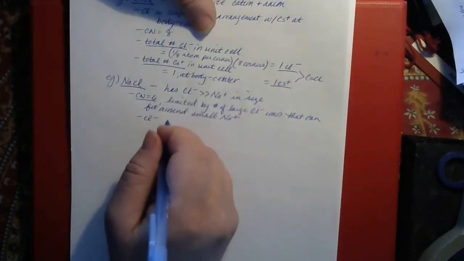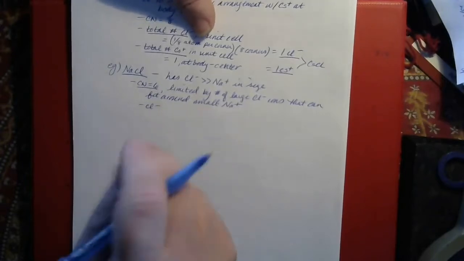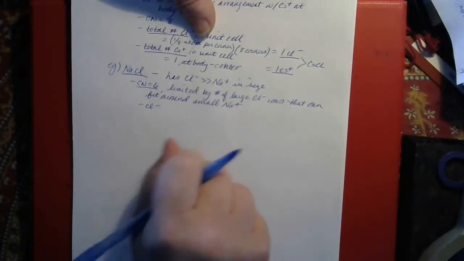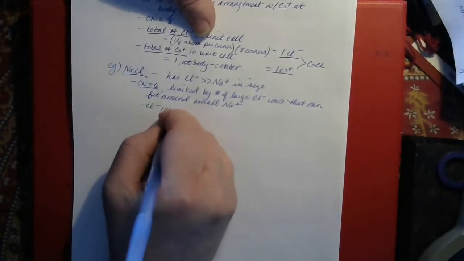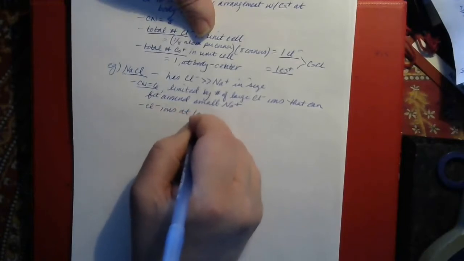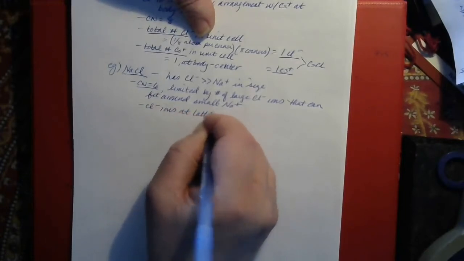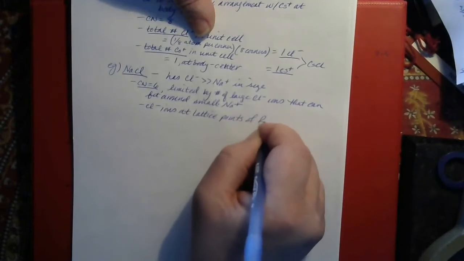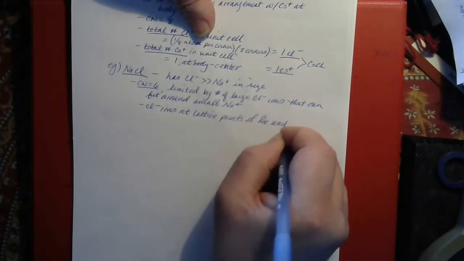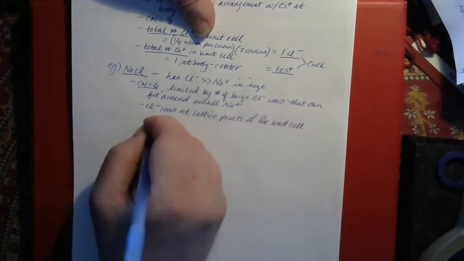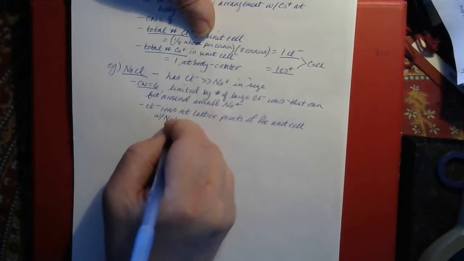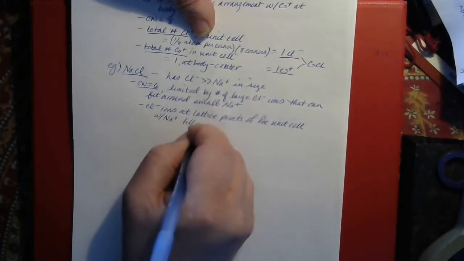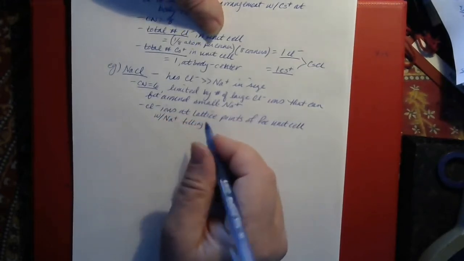So chloride ions are at the lattice points of a face-centered cubic unit cell. And the sodium ions basically fill the gaps between them.